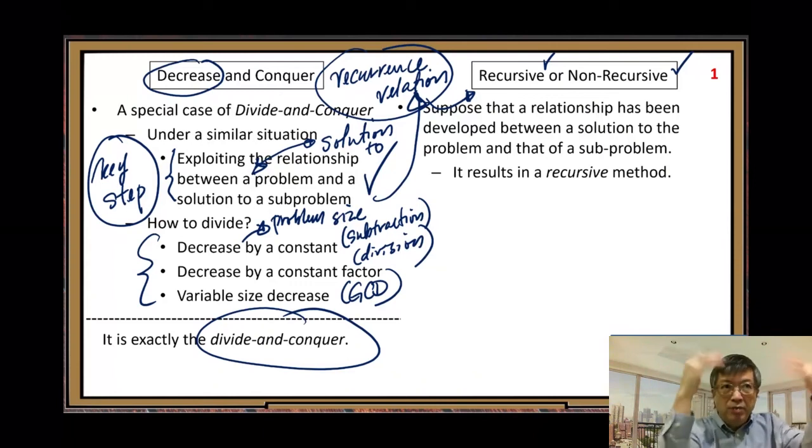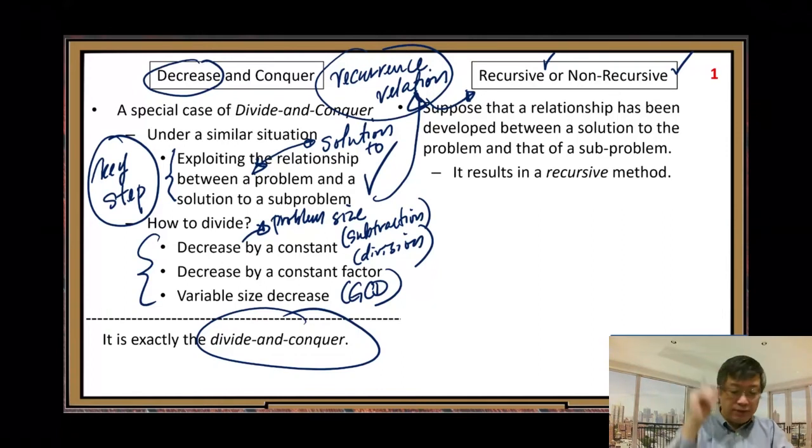We write code to implement this relation directly, and we have a recursive method. That's the first way. But there is an option. You do not have to do it, but sometimes you may like to think about using the non-recursive way.